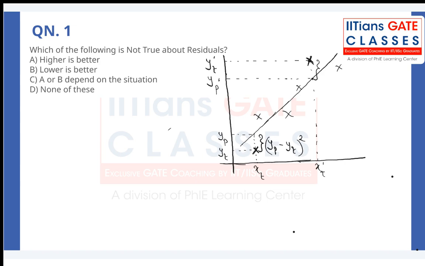If I don't take the square, let's say this value is, I assume, -5, and this value is +5. Or maybe the other way around, because I'm doing yp minus yt, this is 5, and this is -5.